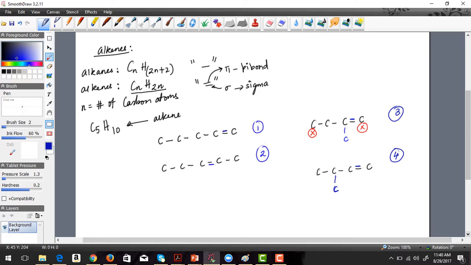Let's see if we can create more with just the 4 carbons itself. As I said, first you keep the bond fixed and look for isomers. Now let's say we put our double bond for the same 4 carbons in the middle. Now we can't put the extra carbon on the ends, so it has to go here or here.